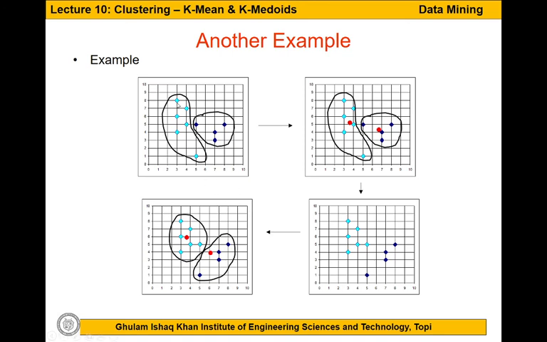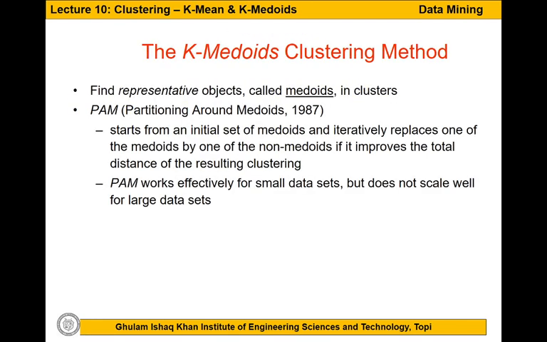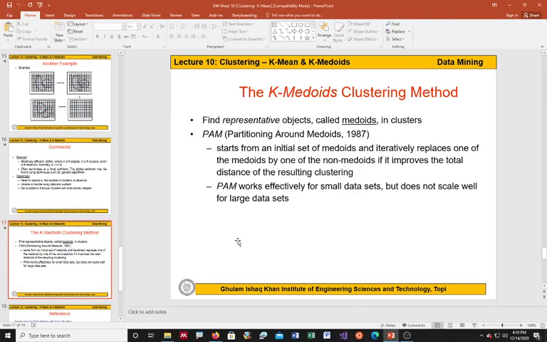For example, if you see here, these blue points are the data points, but these red points are not data points, they are centers of the clusters, right? This is k-means, but in case of k-medoids clustering, the centroid of the cluster will be some data point itself, right? So this is how k-means and k-medoids clustering work. So this is sufficient for now. Thank you.